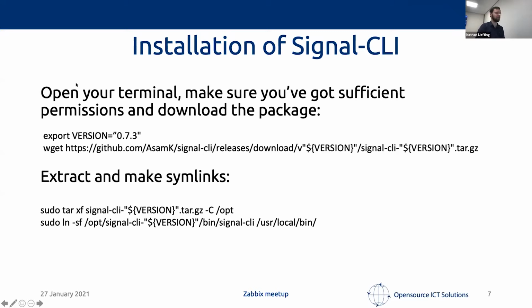So we're going to open our terminal, make sure that we have the sufficient permissions level, and we'll download the package. Simply executing 2 commands. Quite simple to just set this up: download that Signal-CLI, extract it, and make some symlinks. Very easy, very powerful.